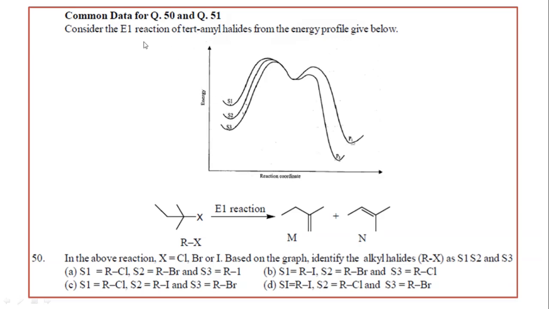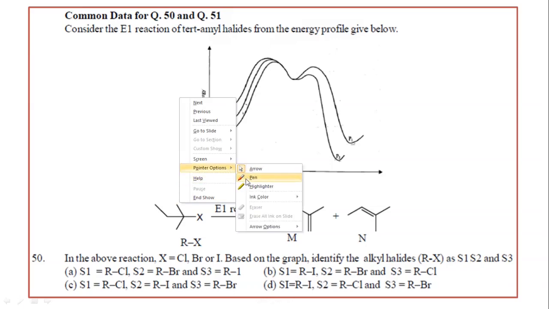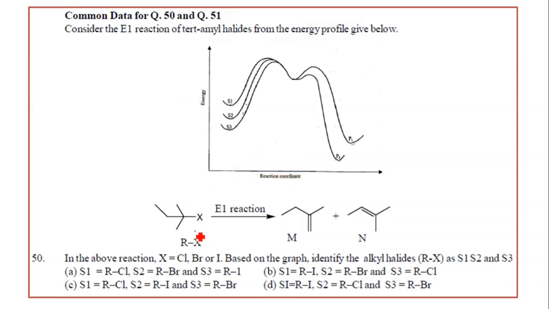Question number 50 and 51. Consider E1 for tertiary amyl halides from the energy profile given below, with energy on the y-axis and reaction coordinate on the x-axis. Three curves are given for substrates S3, S2, S1, where RX is an alkyl halide that on E1 reaction gives products P1 and P2.